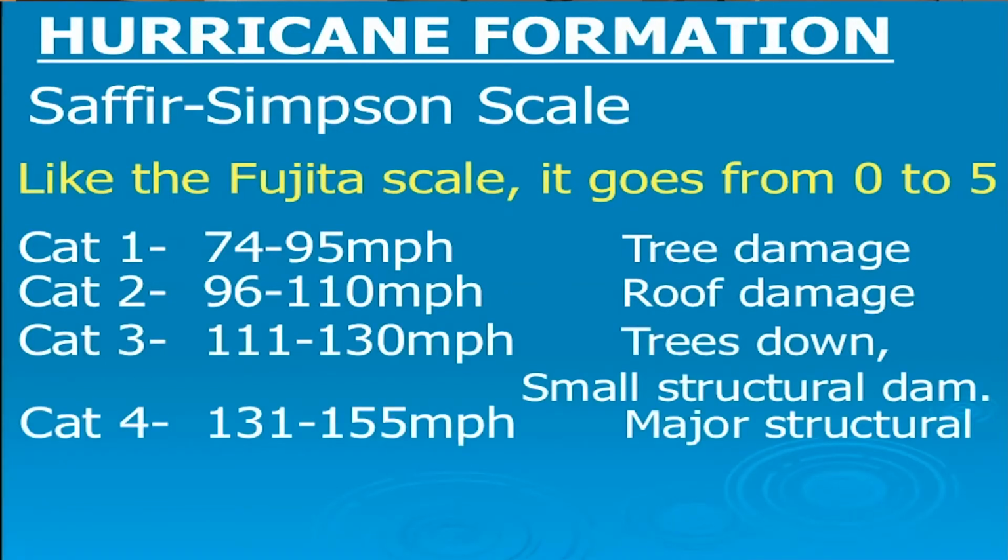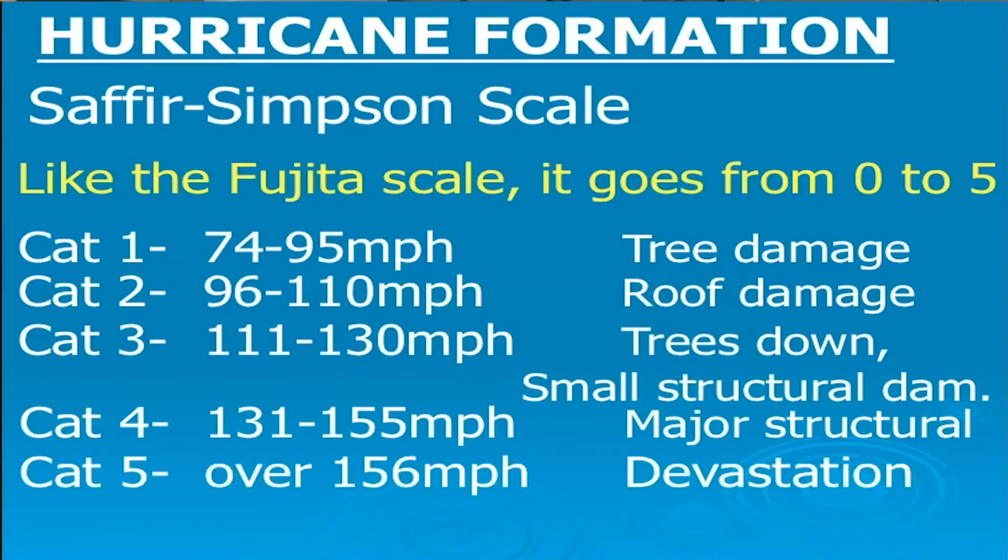What's different about the Saffir-Simpson scale compared to the Fujita scale is the Fujita scale is measured after a tornado causes damage. But a Saffir-Simpson scale is used while the hurricane's out to sea. And they use it to try to inform the public as to how bad the damage could be before the hurricane comes on shore.